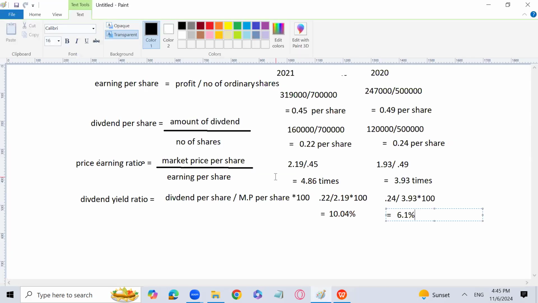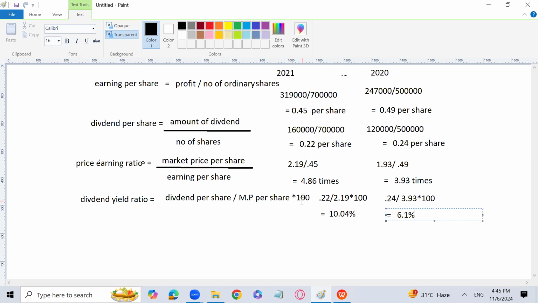Right? So they are saying that the market price of the share has increased because investor confidence in the share has increased. They believe that we have capital growth in the market. So the price of the share in the market has been increasing. That is why the price per share has increased from 1.93 to 2.19.